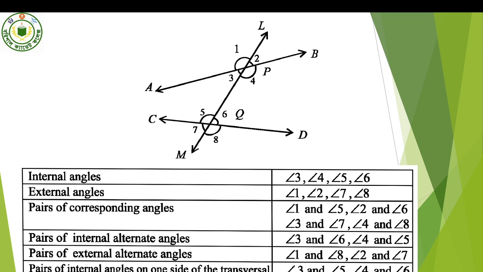See, 3 and 6 are internal angles and they are internal alternate angles. Pairs of external alternate angles are 1, 8 and 2, 7. Pairs of internal angles on one side of the transversal are 3, 5 and 4, 6. They are internal angles on one side of the transversal.